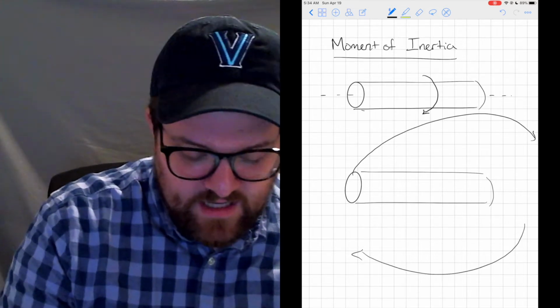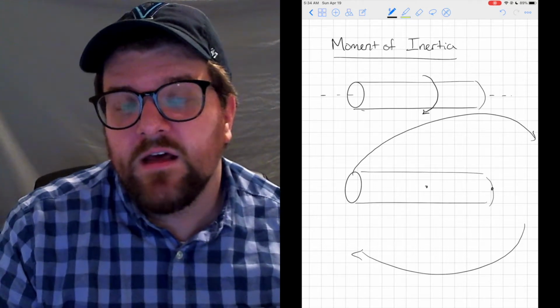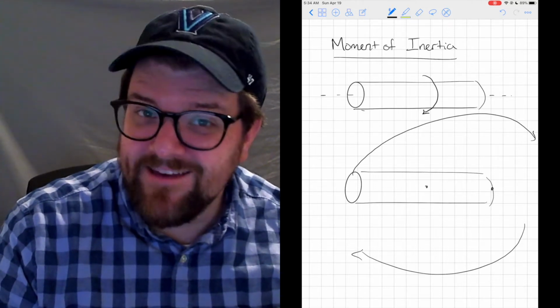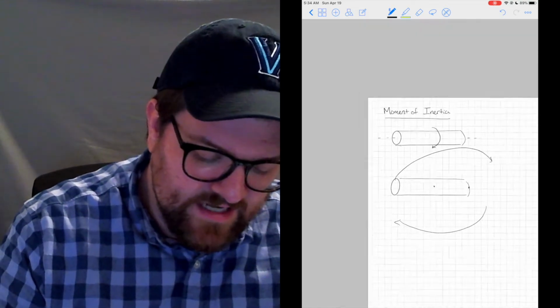Having either the pivot point here or even the pivot point there actually makes a huge difference, where we decide to put that pivot point.